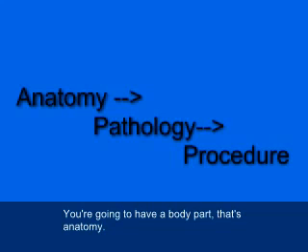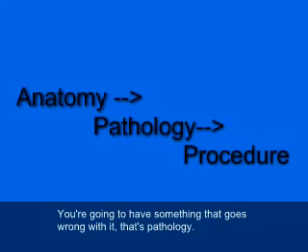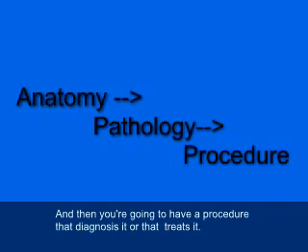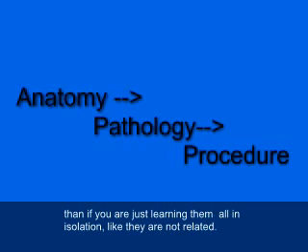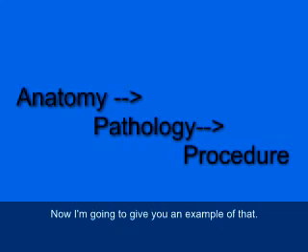You're going to have something that goes wrong with it, that's pathology. And then you're going to have a procedure that either diagnoses it or that treats it. So if you can link those pieces together, you're going to find it's a lot easier to learn the terms than if you're just learning them all in isolation, like they're not related. Now, I'm going to give you an example of that.